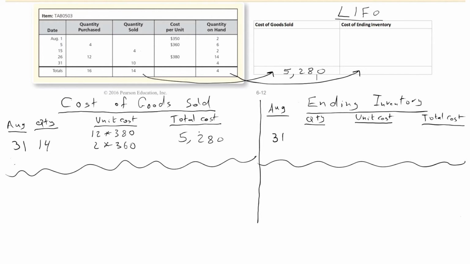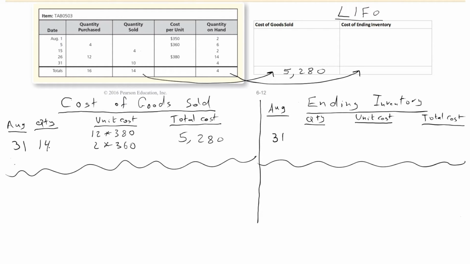My cost of goods available for sale is $6,700. That's what we calculated in the previous video. Let me just remind you how we got it, but let's do that after we do the first way in our calculation.